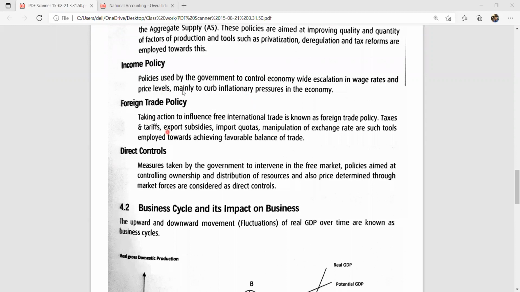Then the foreign trade policy, taking action to influence free international trade, known as foreign trade policy. Tax, tariff, export subsidy, import quota, and manipulation of exchange rate are tools employed towards achieving a favorable balance of trade.